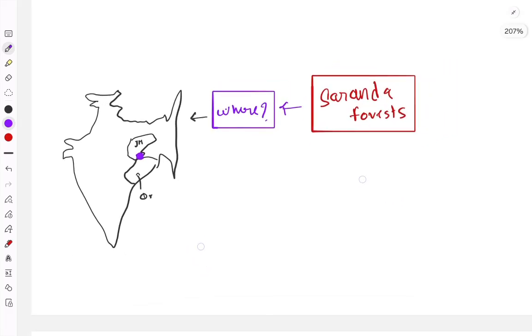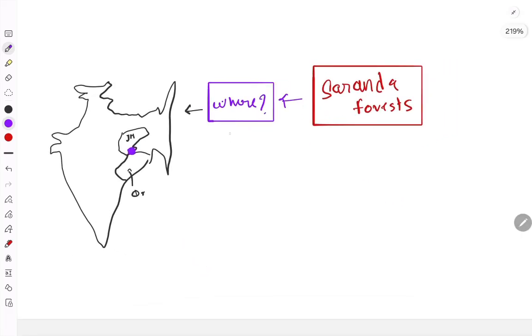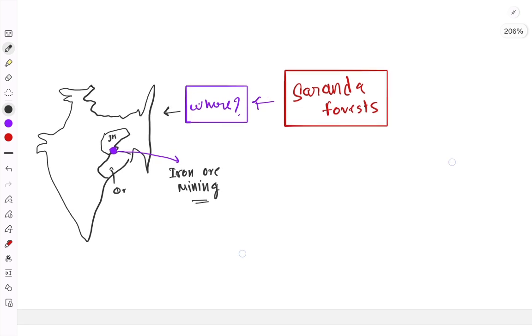This location is significant because this is an iron ore mining area. So this region or forest is popular for that. Now the Supreme Court has directed the Jharkhand government to declare this forest a wildlife sanctuary so that the conservation of this forest can be ensured.